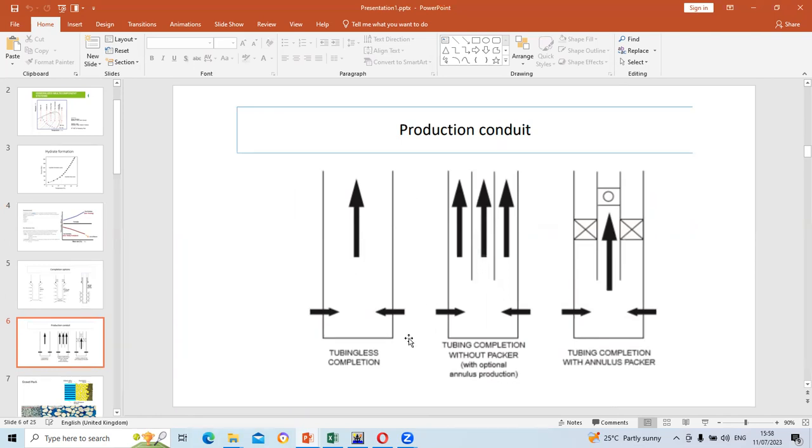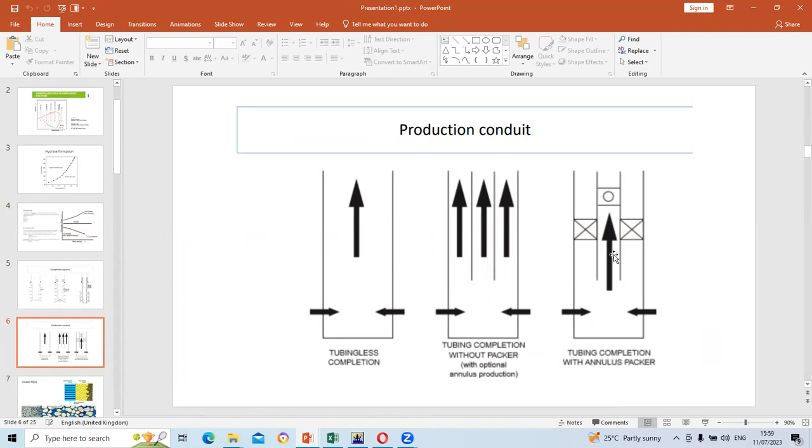We have only our casing and they are doing production. In this case, we have our tubing. The well has been cased. They are doing production both in the annulus, the space between the tubing and the casing, and within the tubing.